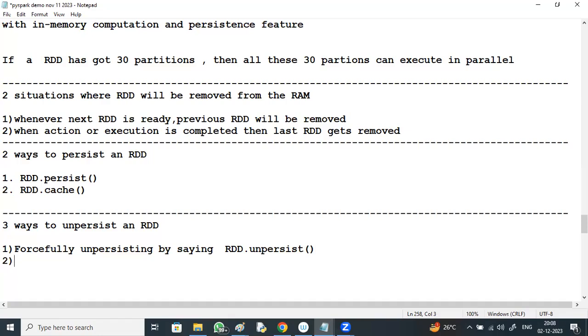Second way, when session is closed. Third, when server shuts down.